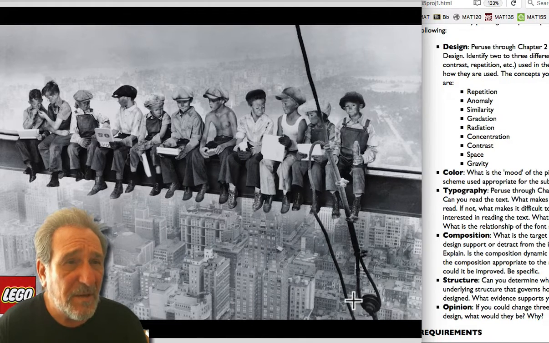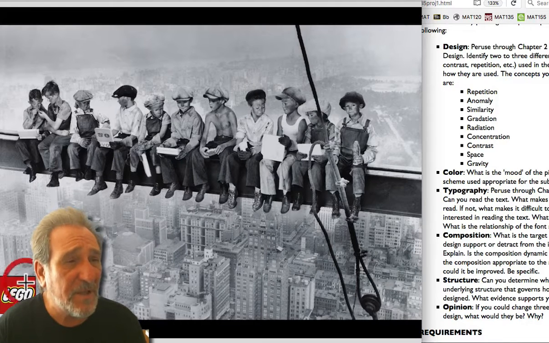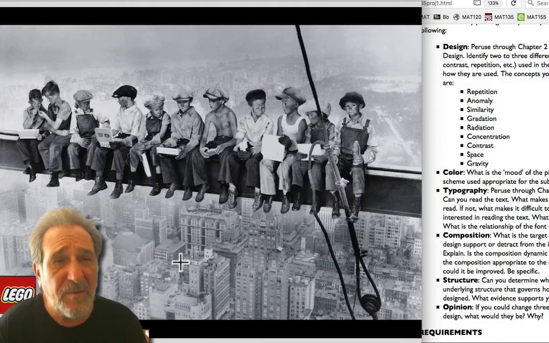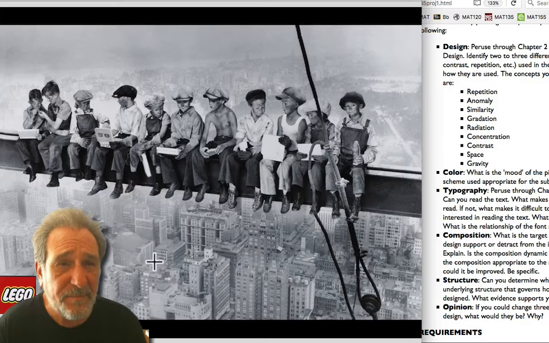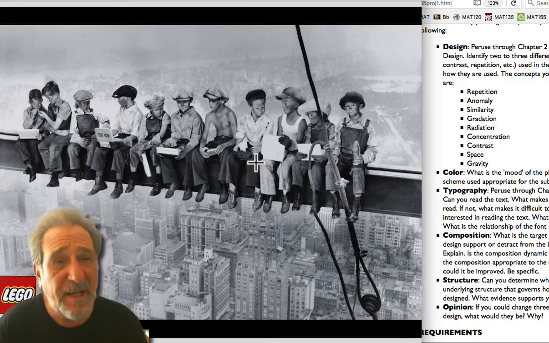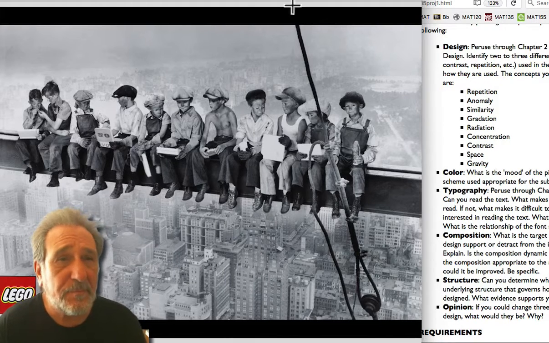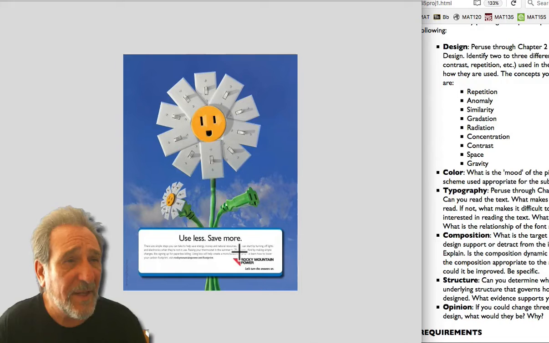That pretty much takes care of that. The black and white emphasizes the datedness of the imagery and helps to emphasize the red of the logo. No typography. Composition's dynamic. No structure. So those are some of the things that stand out on that one.